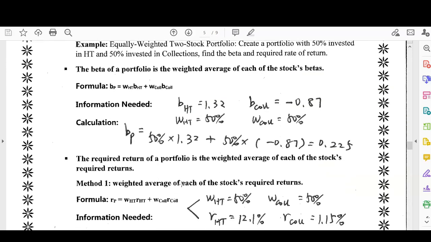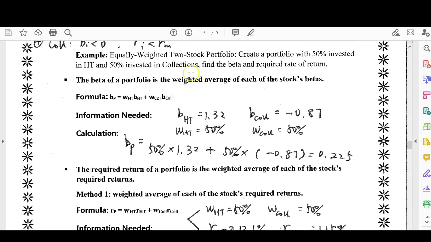Let's look at an example here. If we have an equally weighted two-stock portfolio with 50% invested in high tech and 50% invested in collectibles, we can find the beta and required rate of return for the portfolio by taking the weighted average beta of the stocks in the portfolio as the portfolio beta.